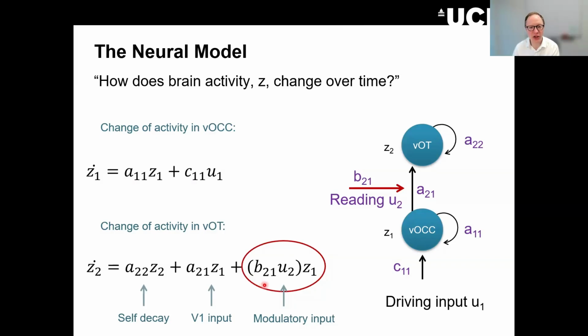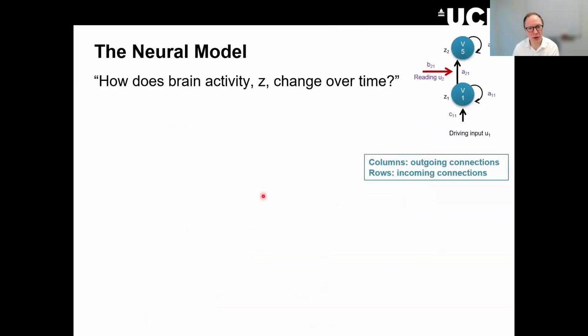We're going to have this extra modulatory input that says that the input coming in from visual cortex is now going to be modulated up or down, multiplied up or down by the modulation here. And that's the model. If we put all this together in a shorter form, if we compile it more succinctly, then this is what you have.